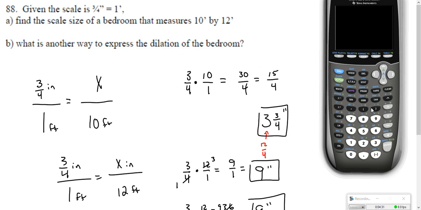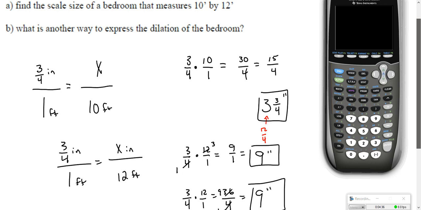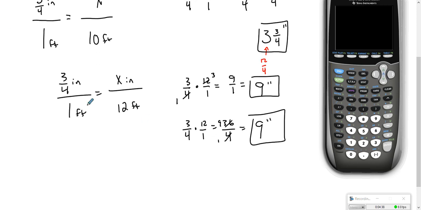We have another question. It says, what is another way to express the dilation of the bedroom? Well, it's 3/4 of an inch to 1 foot. Another way that you can express this is just asking yourself, how many times bigger is it?